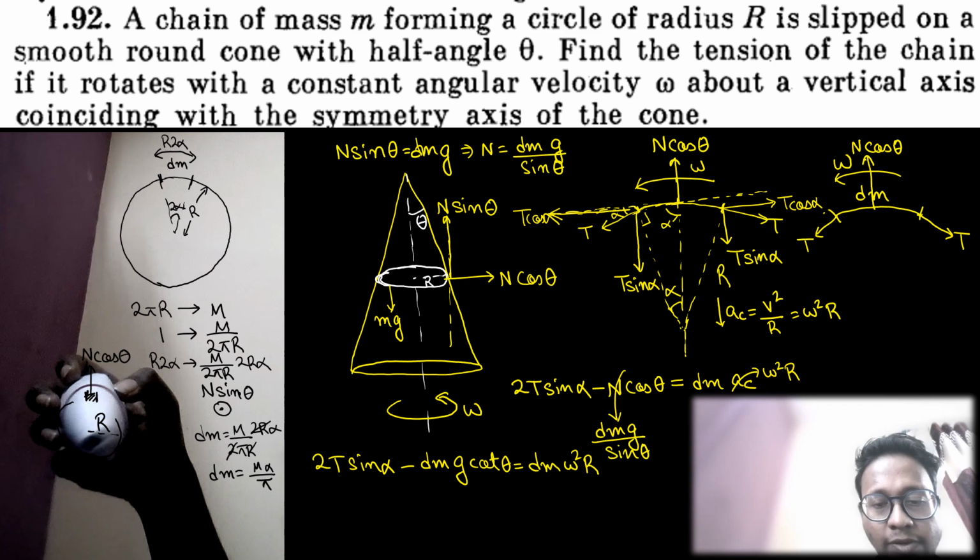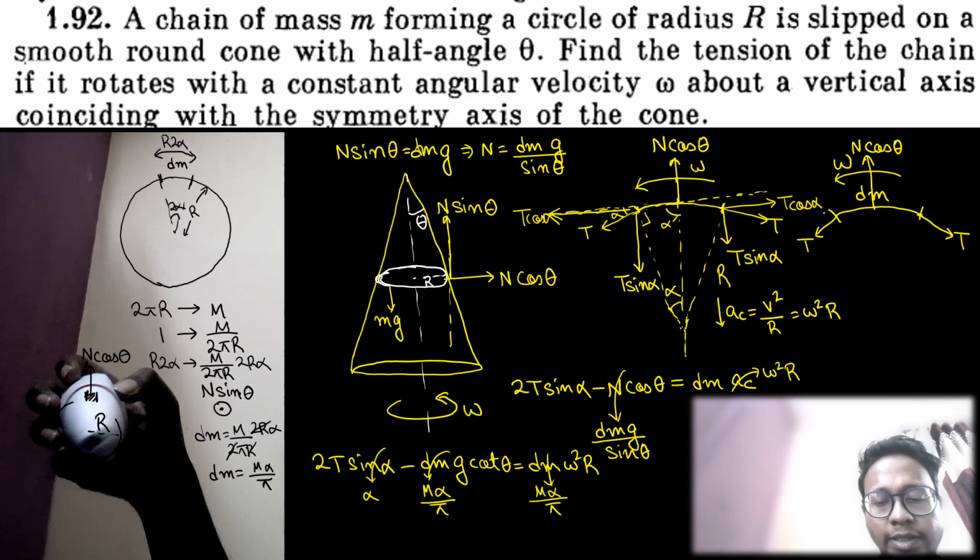So if we substitute the value of dm, m alpha by pi, out here, and notice that this alpha is very small. If alpha is very small, sine alpha can be written as alpha.